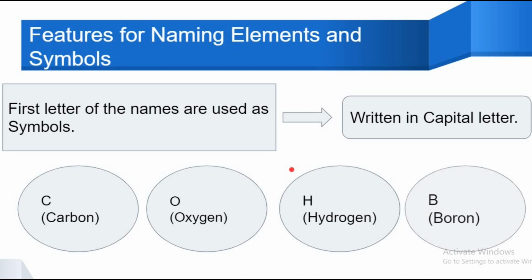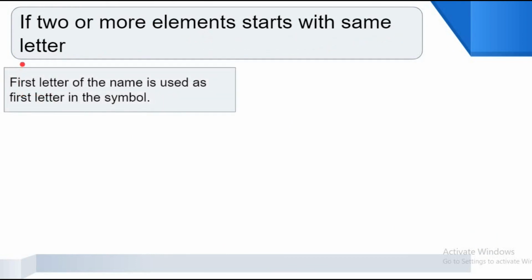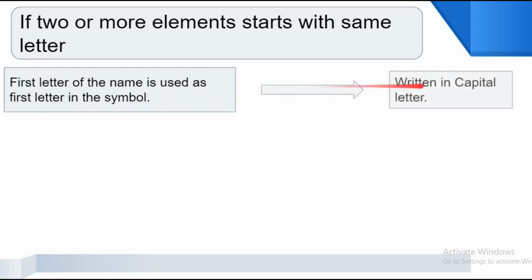If two or more elements have their names starting with the same letter, then two letter symbols are used. The elements such as carbon, calcium, cadmium, chlorine, cobalt have their names starting with letter C. To represent such elements, the first letter of the name is used as the first letter of the symbol, which is written in capital letter.